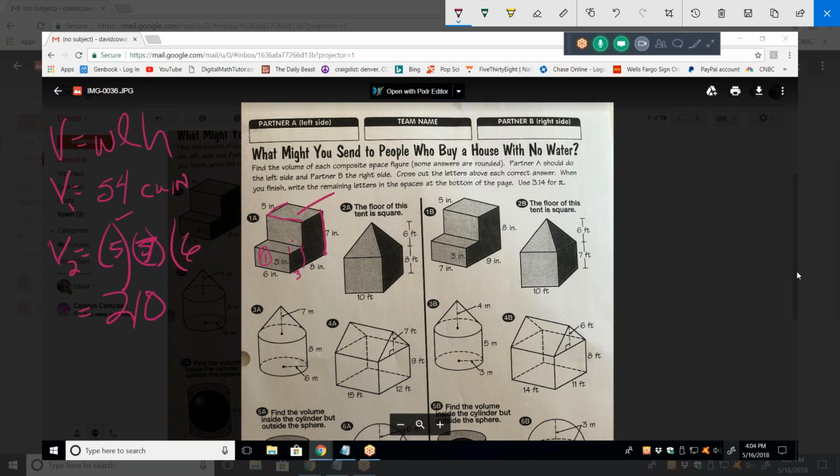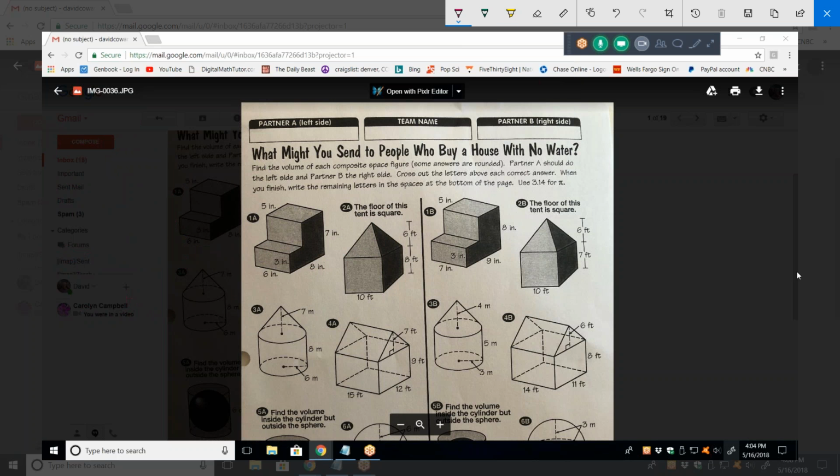We're just going to break each object up into, in other words, this one right here, I'm going to make it a tetrahedron, or whatever that top is called, and a cube. Or not a cube, but the bottom part's a rectangular block. Now, let's deal with the easy part first, which is the bottom.